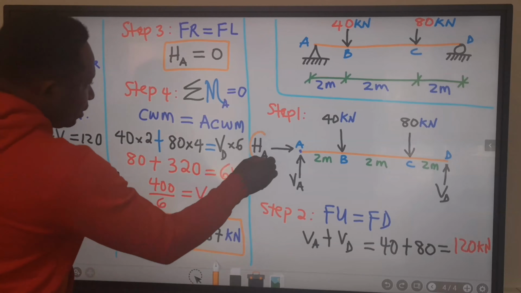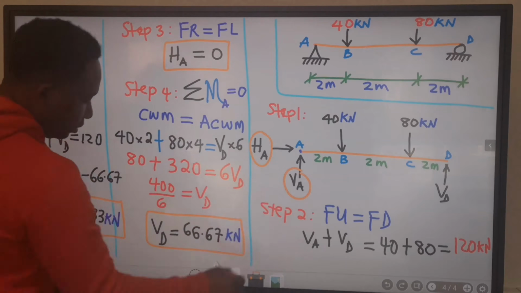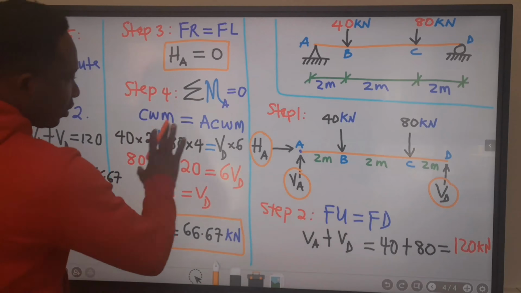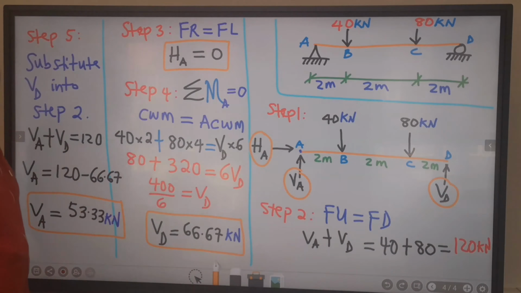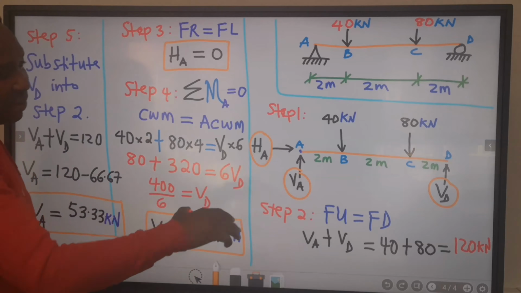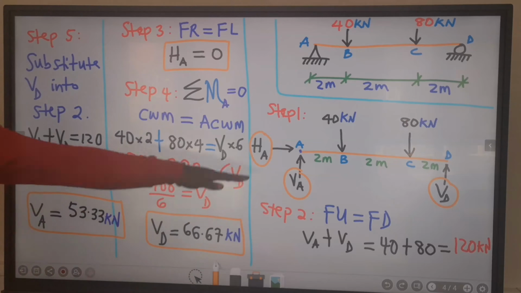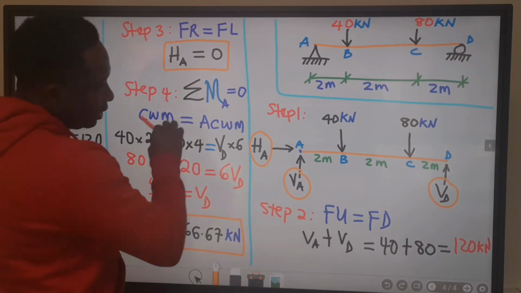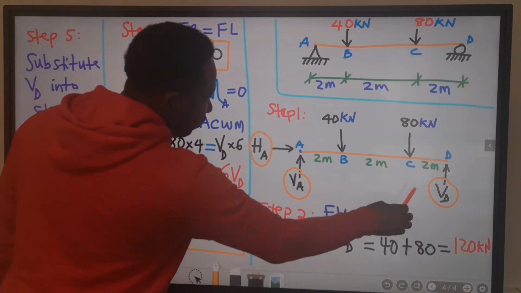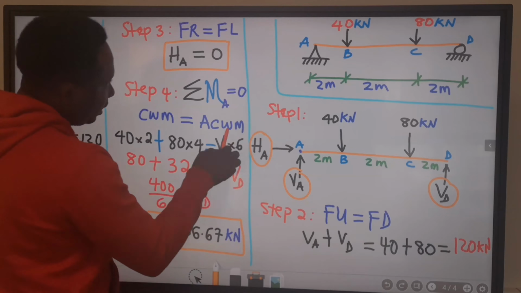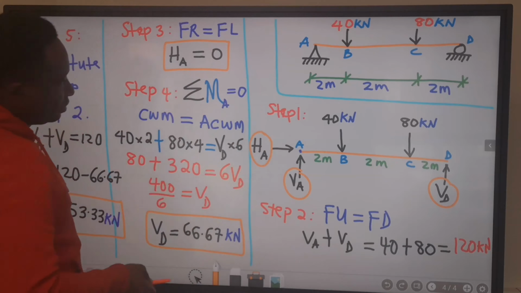We have this value now, we have this value, and we have this value. With this replacement, we can now draw the shear force diagram and the bending moment diagram for this simply supported beam. In replacing these reaction forces, I can ignore H subscript A because it is 0.